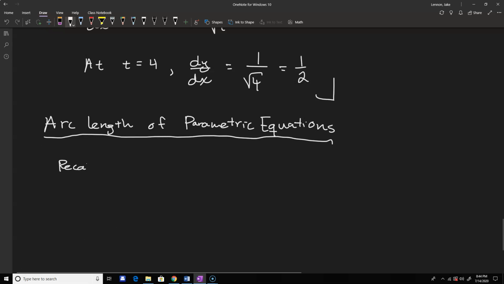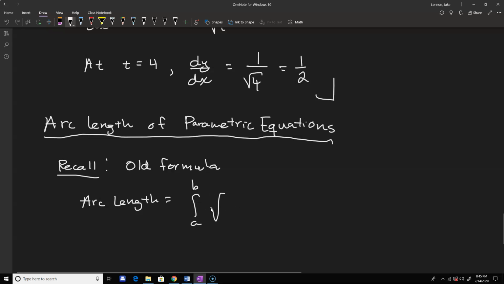Let's recall the old formula: arc length was equal to, if we have some function f of x, the integral of the square root of 1 plus f prime of x squared.